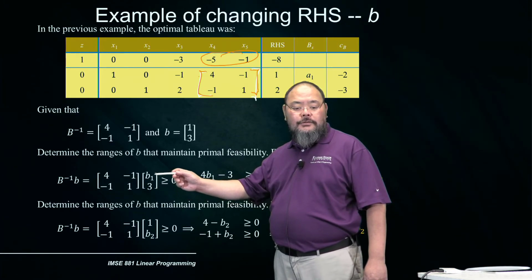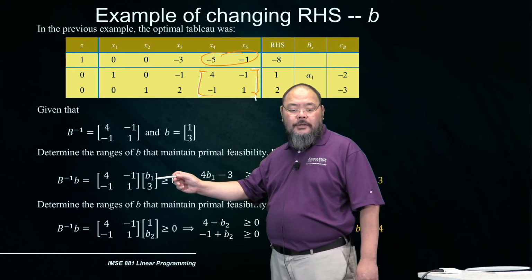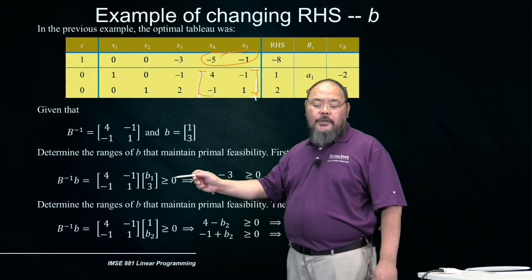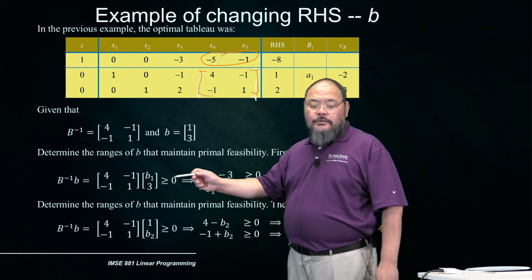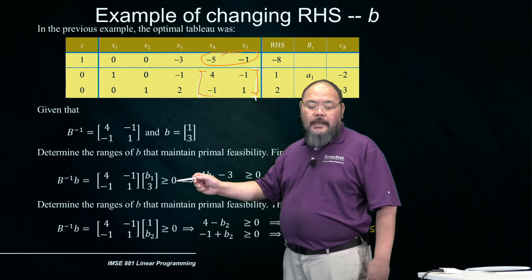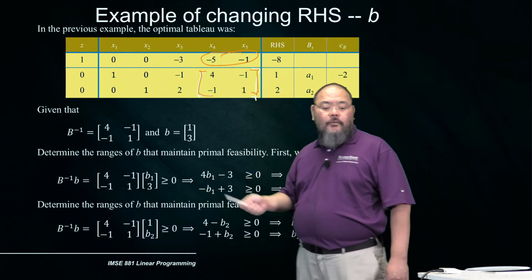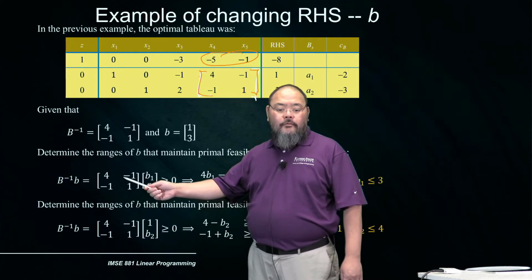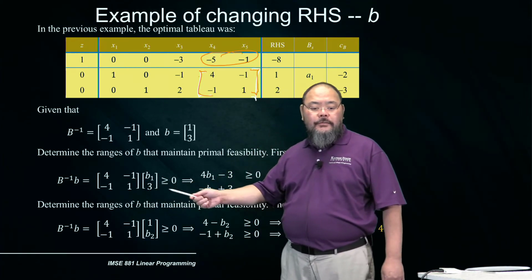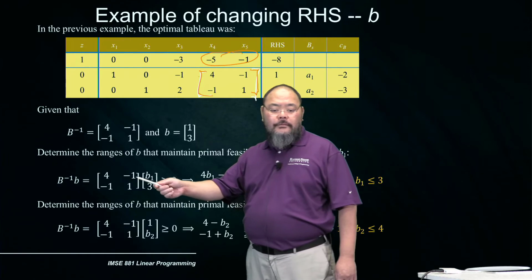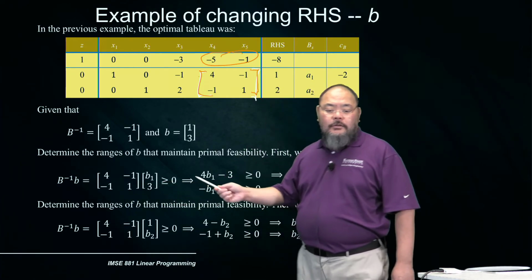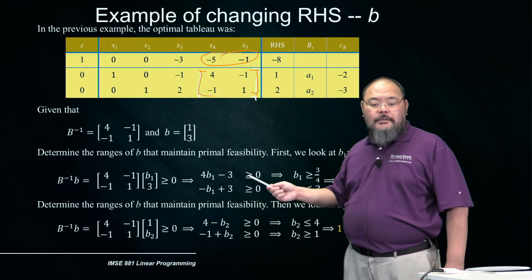We want to see how much range B1 could change while maintaining non-negativity. So we have two equations. From the first row, 4 times B1 minus 3 is non-negative.